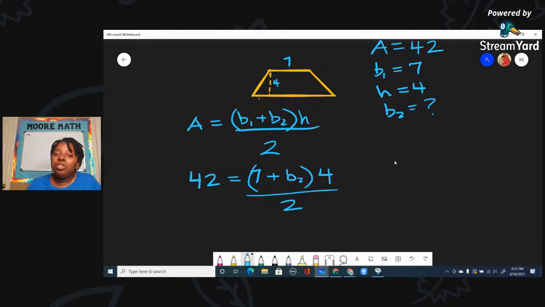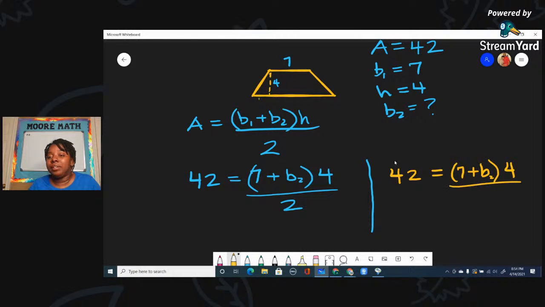Again, I'm going to show you 2 different ways to do this. You could multiply both sides by 2 to get rid of that division, because there's a lot going on here. You could say, I'm tired of this 2, I just need to get rid of it.